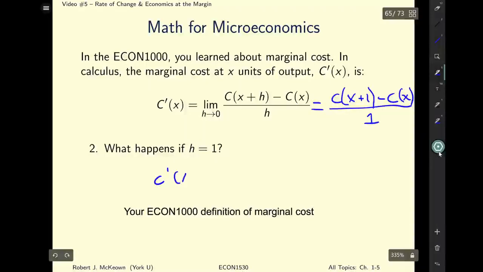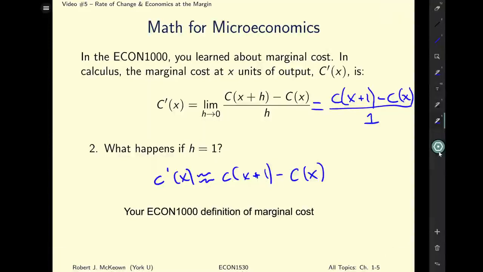And our marginal cost, that instantaneous rate of change, is going to be approximately equal to C, the total cost of producing x plus 1 units minus the cost of producing x units. And what is that?